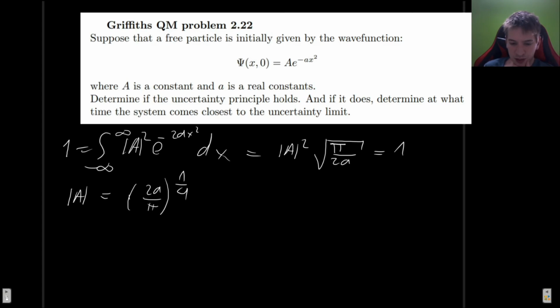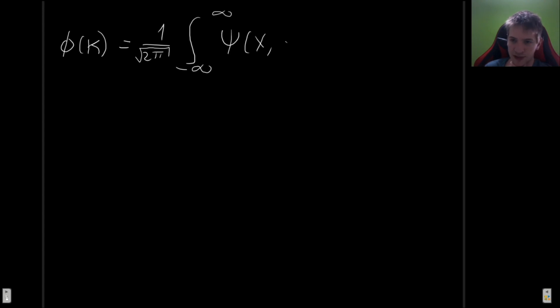So now we need to go ahead and find our phi of k. Our phi of k, remember, is going to be 1 divided by the root of 2 pi, times the integral from minus infinity to infinity of this wave function psi of x comma 0 times e to the minus i k x dx.